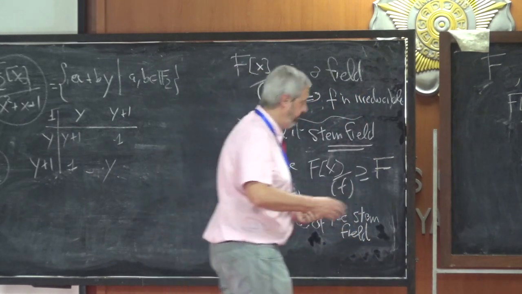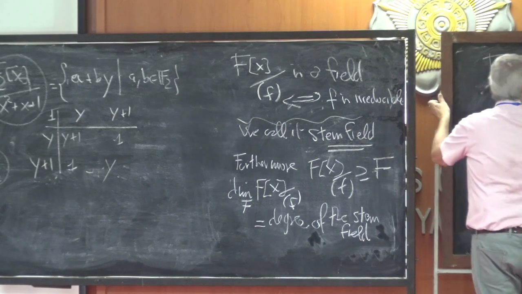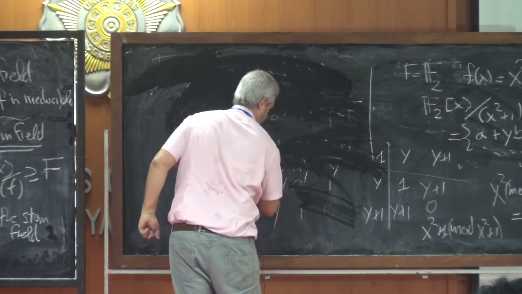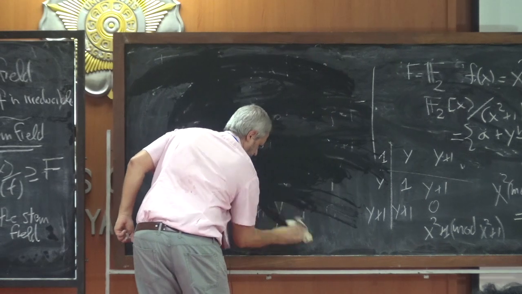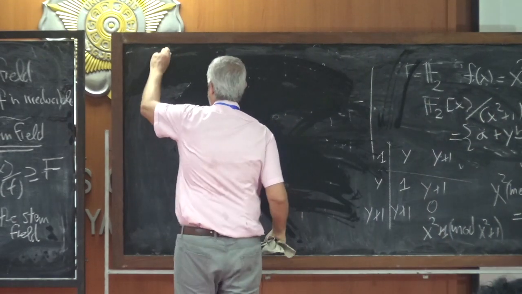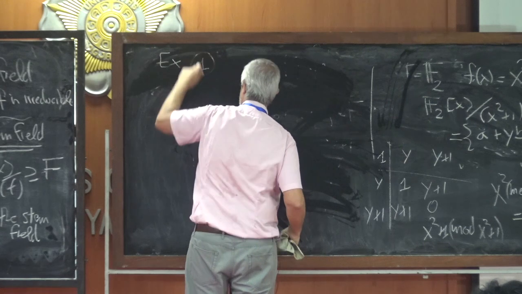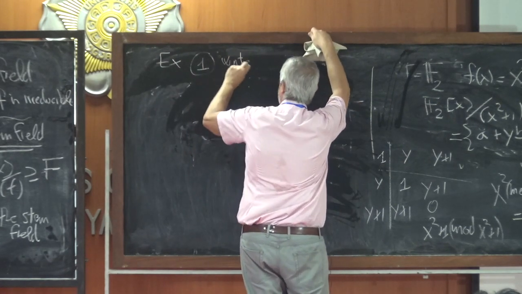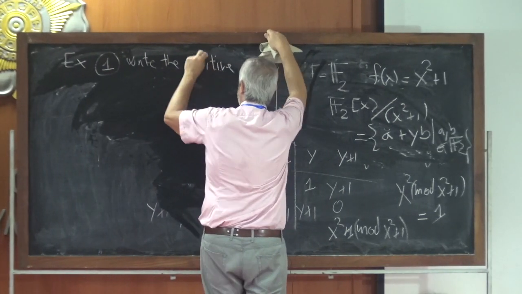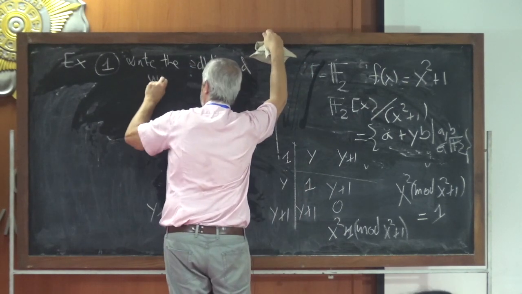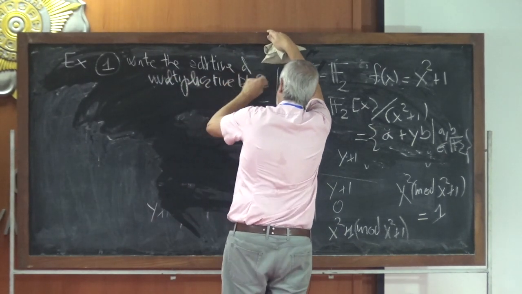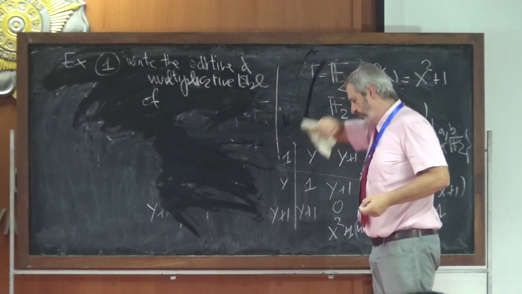And so I have two exercises to leave you, very simple. Exercise 1: write the additive and multiplicative table of 3 stem fields.